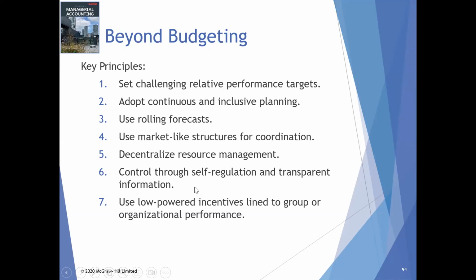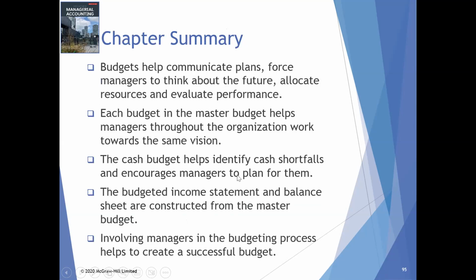Information should be available to each manager so that they can give their views about the setting of rates and units and everything. Use low powered incentives linked to group or organizational performance. So this is all about beyond budgeting.